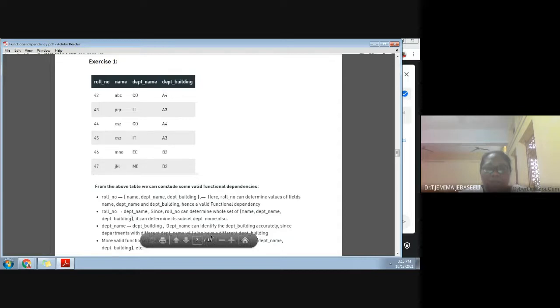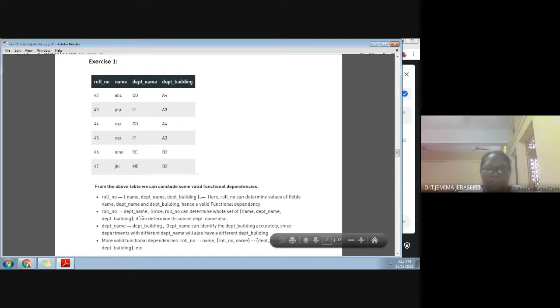Then department name with department building. Here there is a duplicate, a repeated value, but it is mapped to the same corresponding y value, so it is functionally dependent.